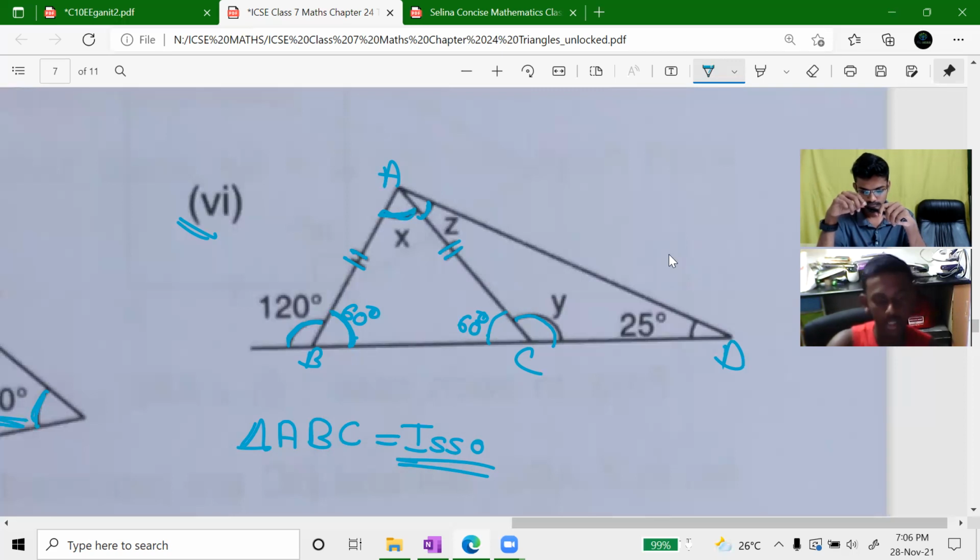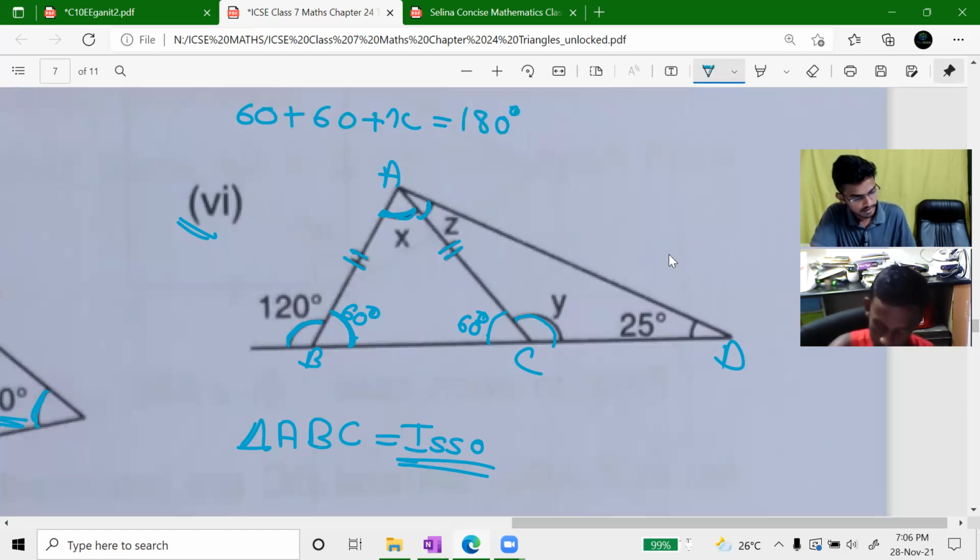60 plus 60 plus x is equal to 180 degrees. 60 plus 60 is 120. 120 plus x is equal to 180 degrees.